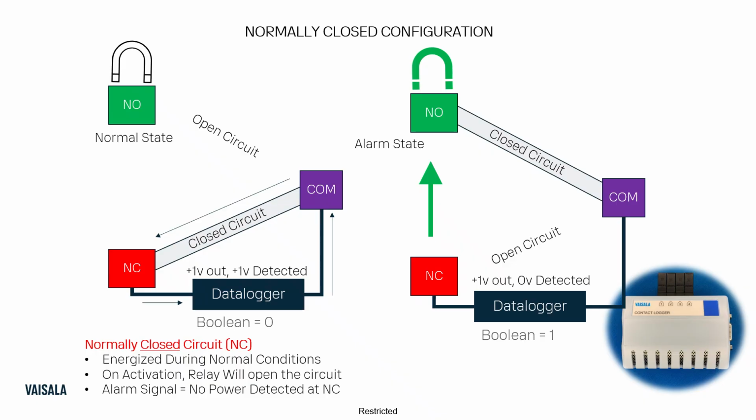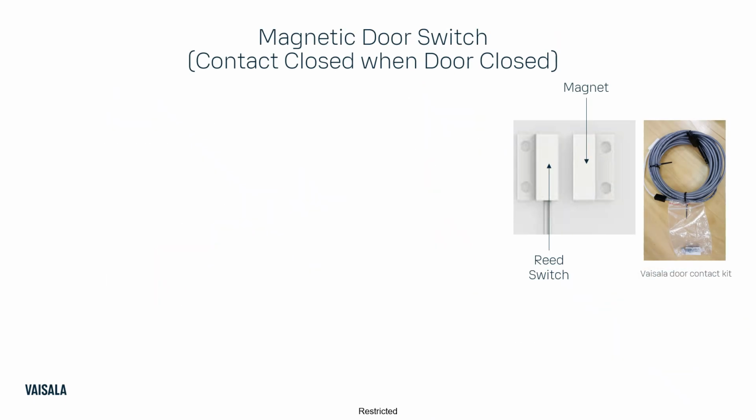And you want to do the opposite when it's an alarm state. You're going to get 1 volt out and get nothing back, but that's an alarm state. So you're going to want to have the Boolean equal to 1. So again, inverted Boolean.